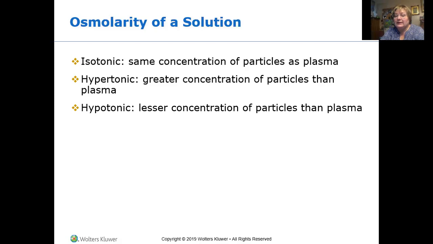We want there to be kind of the same concentration. So if we're giving an isotonic IV fluid, it's going to have relatively the same concentration of particles in the fluid as the particles within the plasma. There should be a very similar concentration.